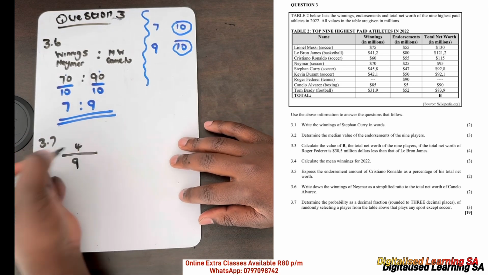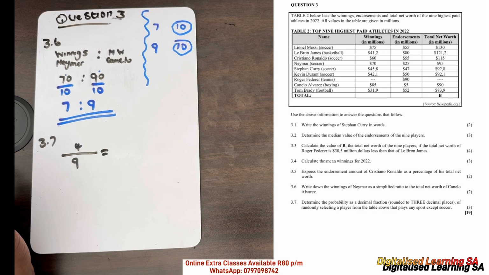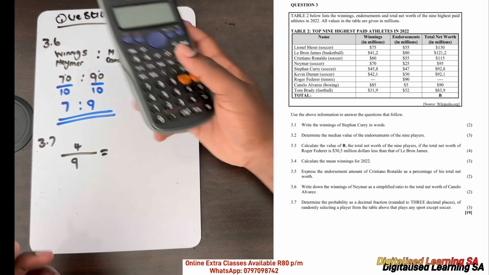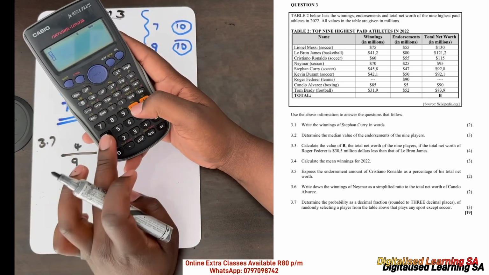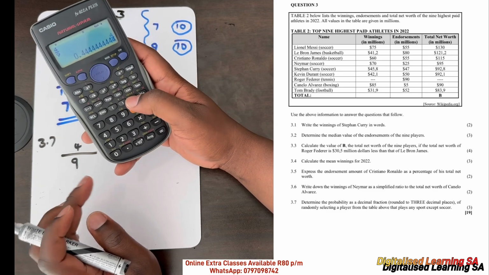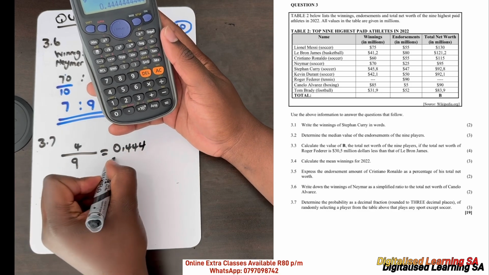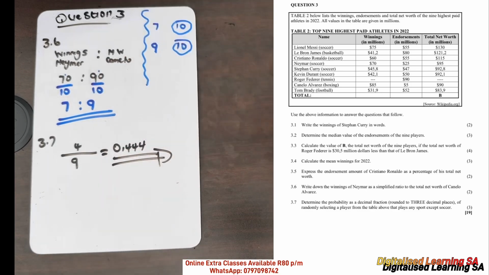So it's 4 divided by 9. We are told to round off to 3 decimal places, so on the calculator 4 divided by 9 gives 0.444. And that's the end of question 3.